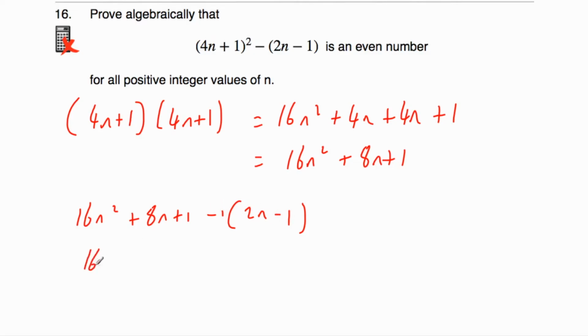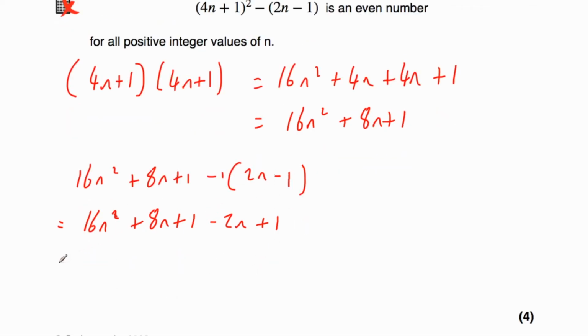That gives 16n squared plus 8n plus 1, then minus 1 times 2n is minus 2n, and minus 1 times minus 1 is plus 1. If you think about it, we were taking away 2n, and we were taking away minus 1, which is the same as adding 1.